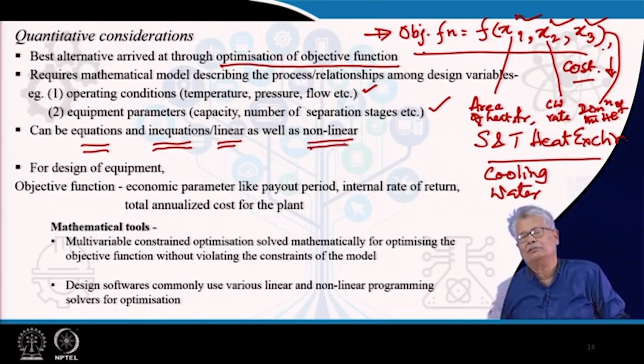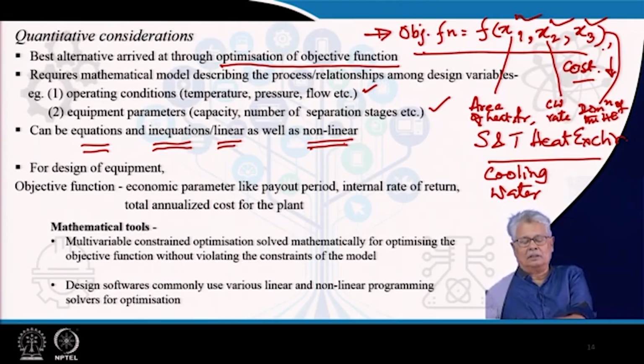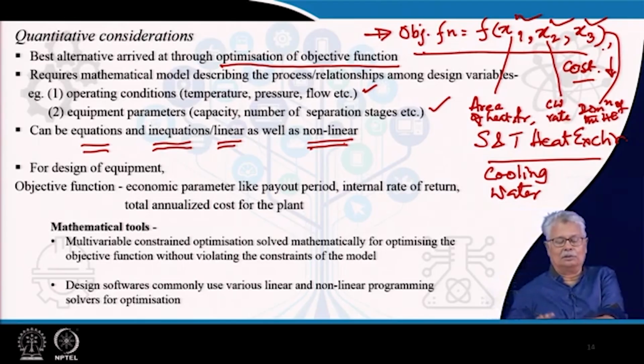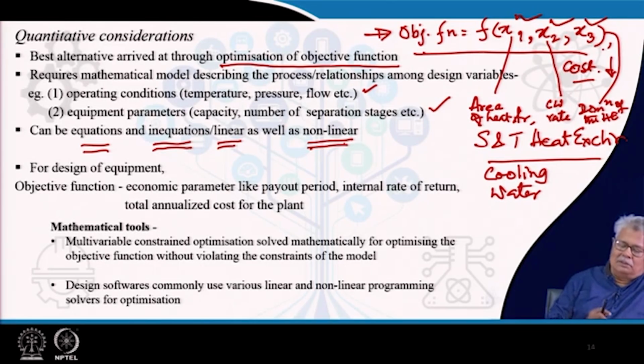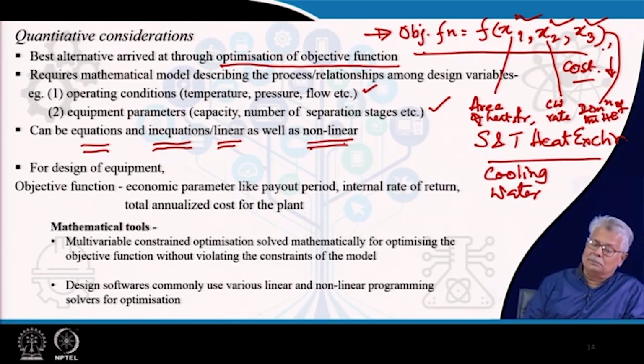So, one thing is very clear now, that if we are talking about optimization of a problem, a mathematical problem which is being optimized, there is possibly a class of mathematical problem which is going to arise. It's a multivariable optimization problem.